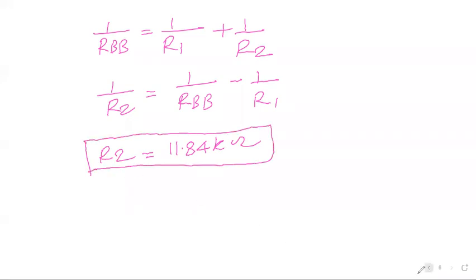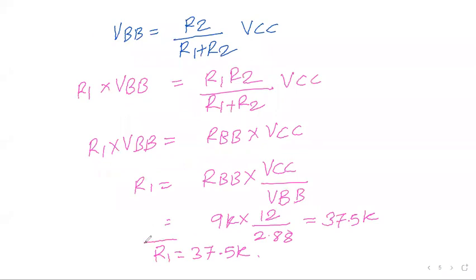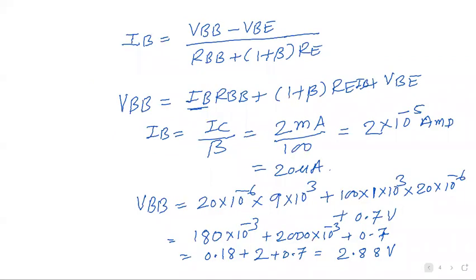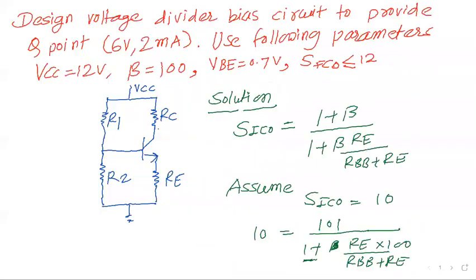So I have calculated all values, R1 and R2, and all these values satisfy the given requirement. See here, RC, how much did I get? I got 2K. Here it is 1K. So here there will be 4 volt, here there will be 2 volt, so 6 volt, and this is 12 volt.